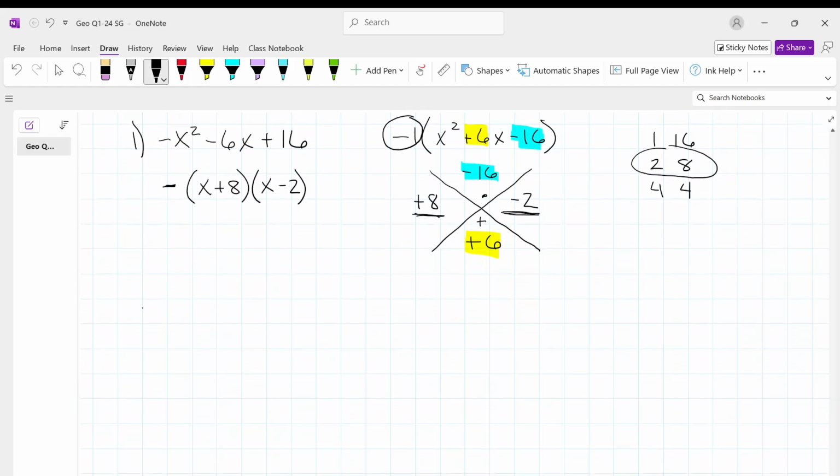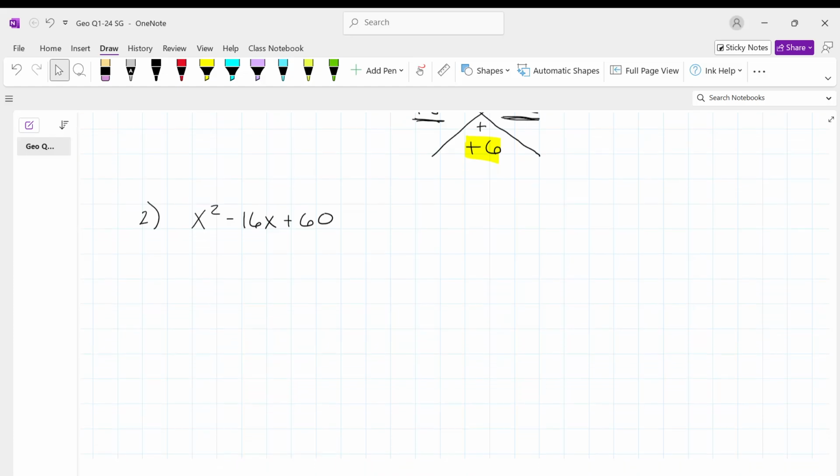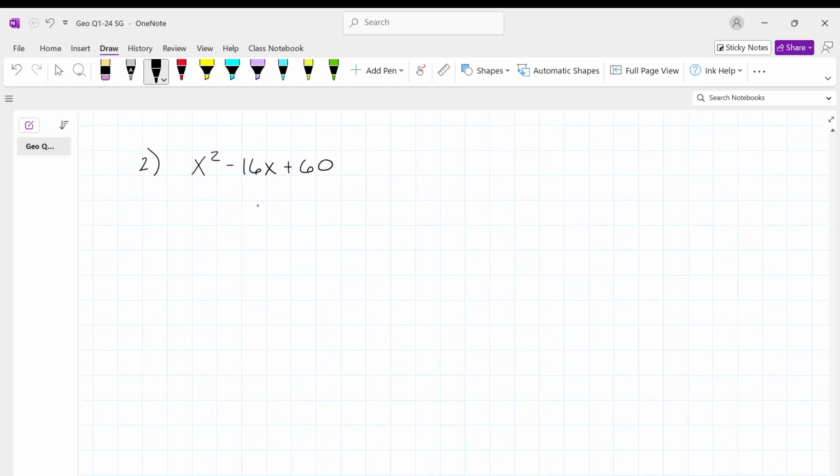All right, so problem number 2, we got x squared minus 16x plus 60. So we're going to draw this x here. We need a factor times a factor, and it's got to equal +60.